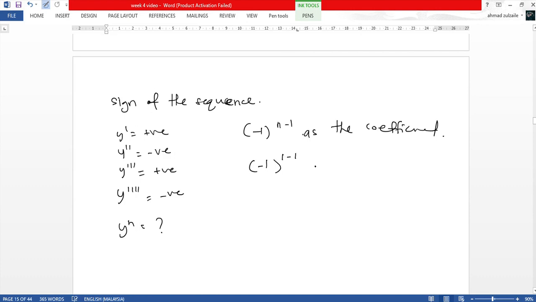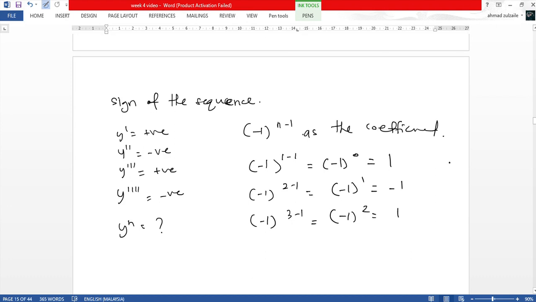Negative 1 power 0 is equal to 1, right? Any number power 0 is 1. For 2, 2 minus 1 is 1, so you have negative 1. For 3, 3 minus 1 gives negative 1 power of 2, so it becomes 1 again. So we start with positive, negative, positive, which satisfies the sign of the derivative of the natural log. So negative 1 power of n minus 1 is the coefficient.